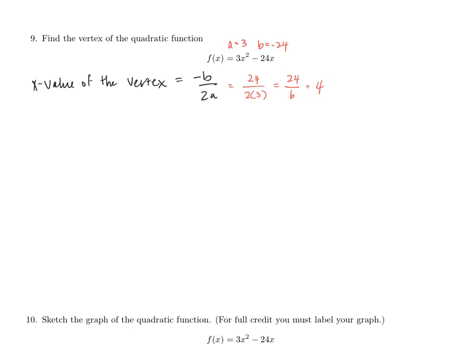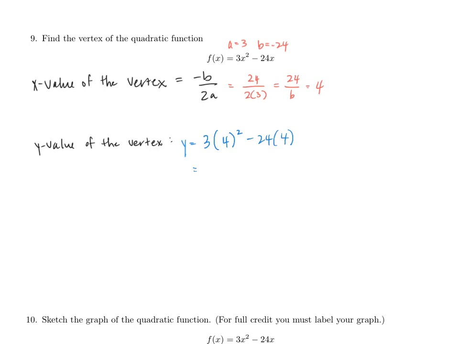Now to find the y value of the vertex, what you're going to do is simply plug in the 4 and see what you get. So y will equal 3 times x squared, so x is 4, minus 24 times x, and again x is 4.